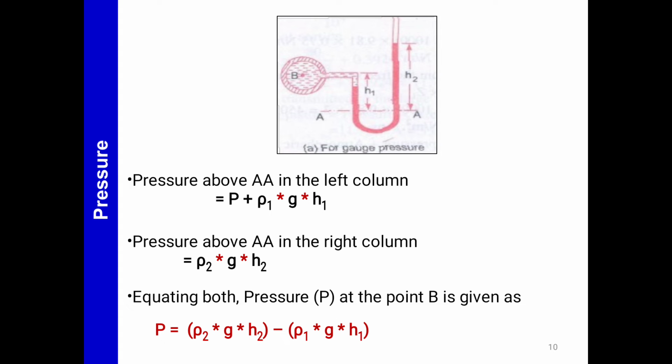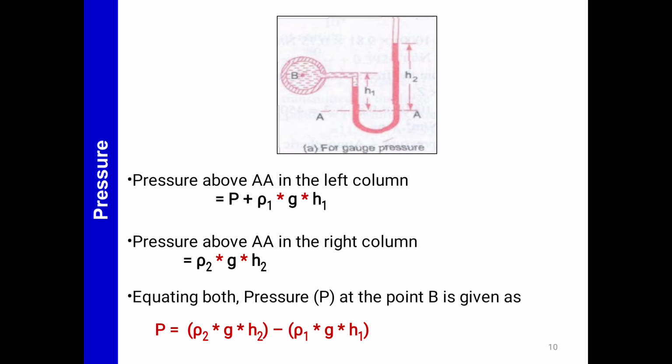As the pressure is the same for the horizontal surface, the pressure above the horizontal datum line AA in the left column and in the right column of the U-tube manometer should be the same. Therefore, the pressure above AA in the left column is equal to p plus ρ1gh1.